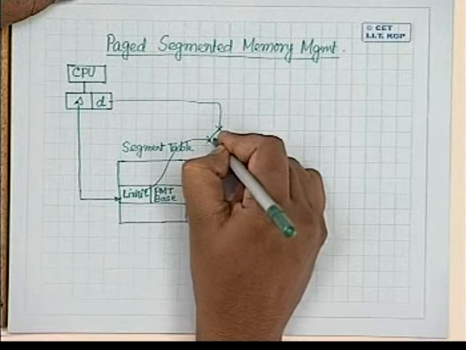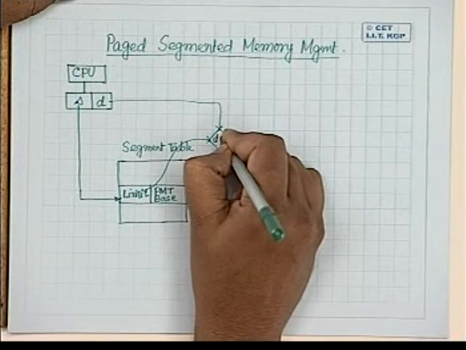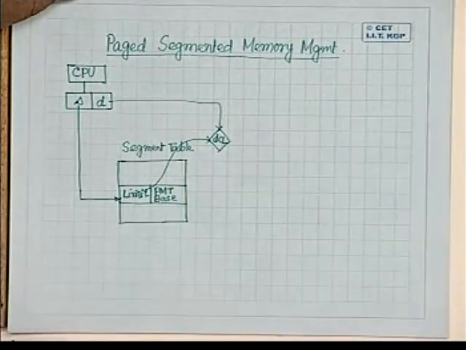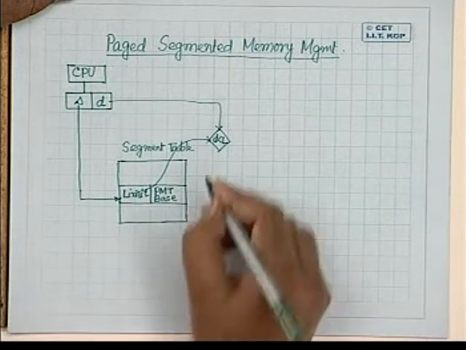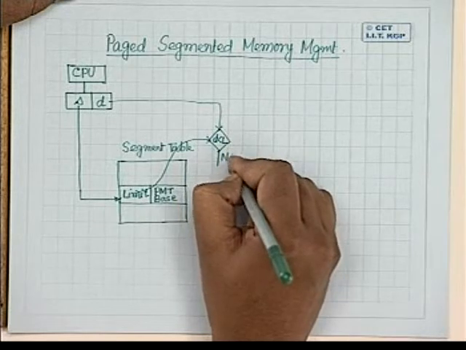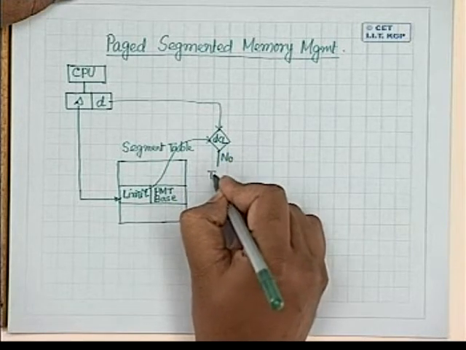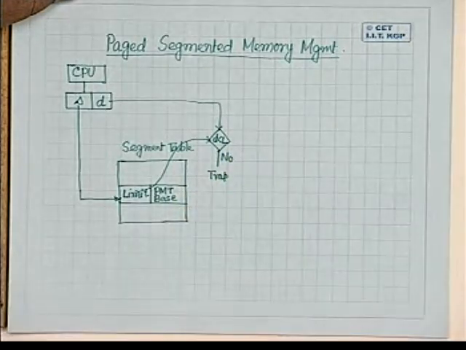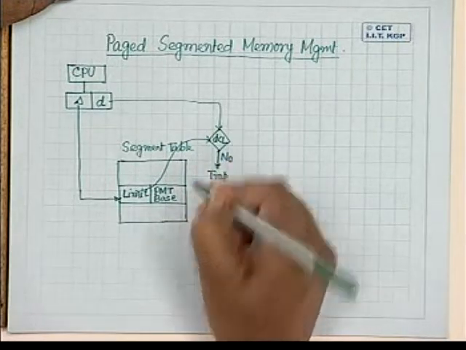So I have to check whether D is less than limit or not. If D is not less than limit, then there has to be a trap, following which the program will be terminated.